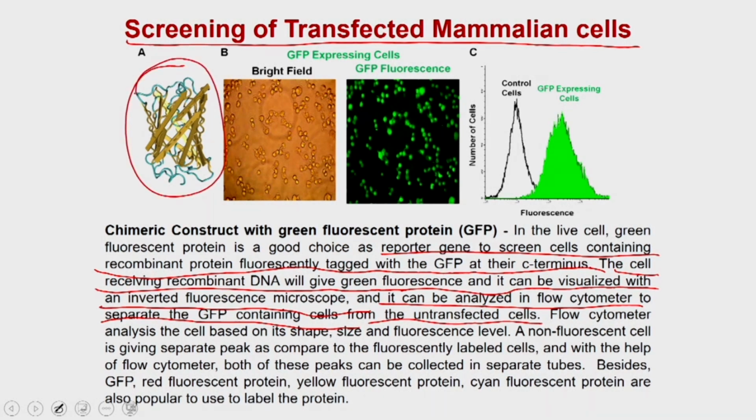In the first step you take the cells and transfect them with the GFP. If the construct gets into the cell, it is going to give the green fluorescence. So, all the cells giving green fluorescence are transfected cells, and they can be separated from the non-transfected cells, which are not going to give you green fluorescence, simply by using the flow cytometer.